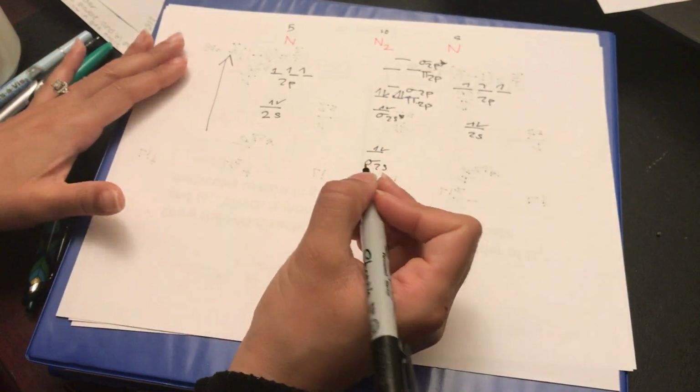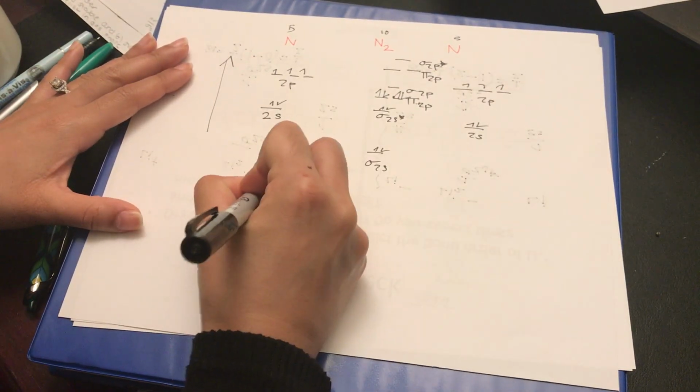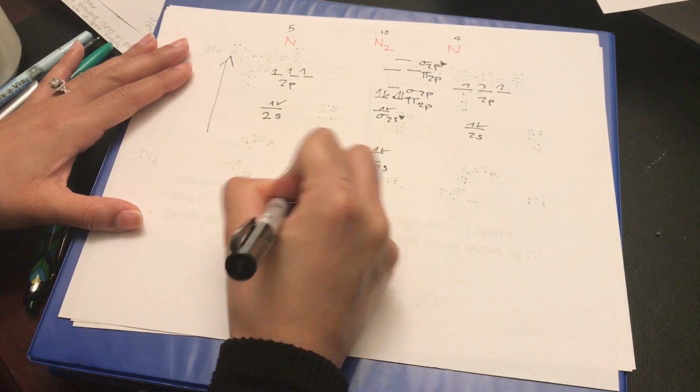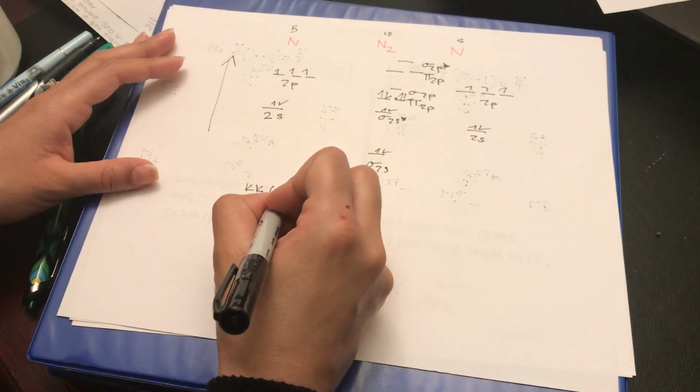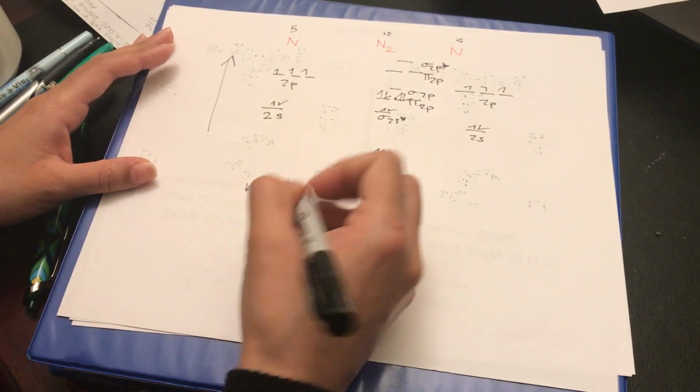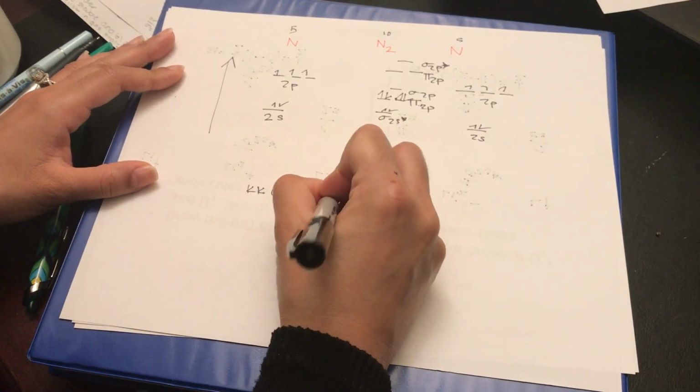Let's write the configuration for this. You write your molecule just like you would write your atomic orbital. 1s is my molecular orbital, 2s, and then I have 2 electrons.